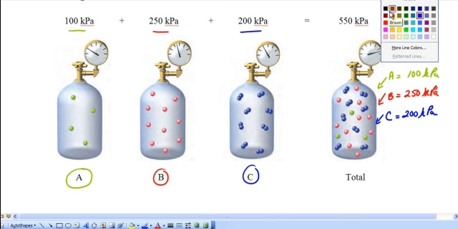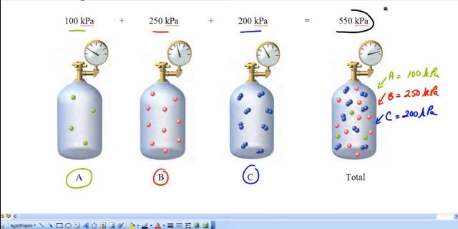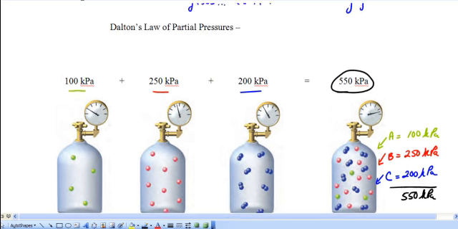Now, if you notice, the total pressure is the sum of all the individual components. So you add them up, you get 550 kilopascals. That is Dalton's law of partial pressures.